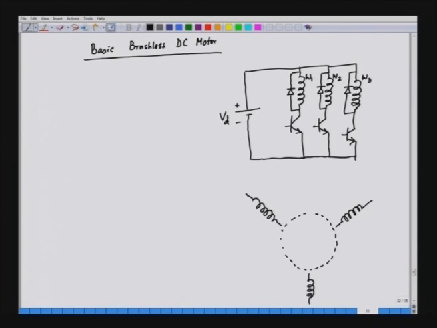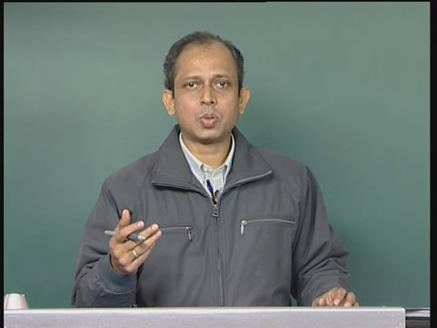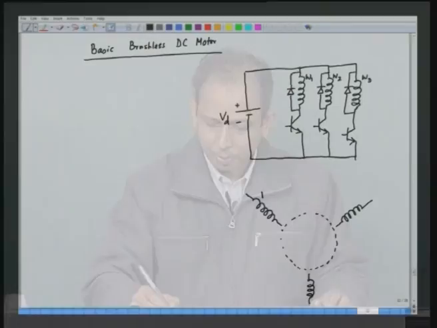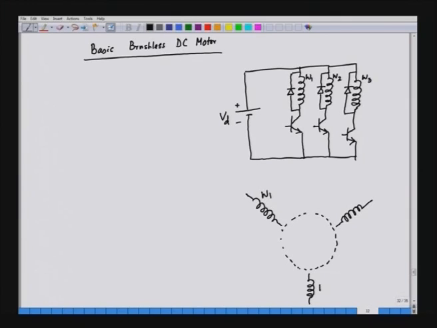These 3 windings represent 3 phases of the motor. One phase is W1, the other phase is W2, and the third phase is W3, and they are phase shifted in space by 120 degrees. So, we can call this W1, this W2 and this W3, and they are connected to these transistors: T1, T2 and T3.